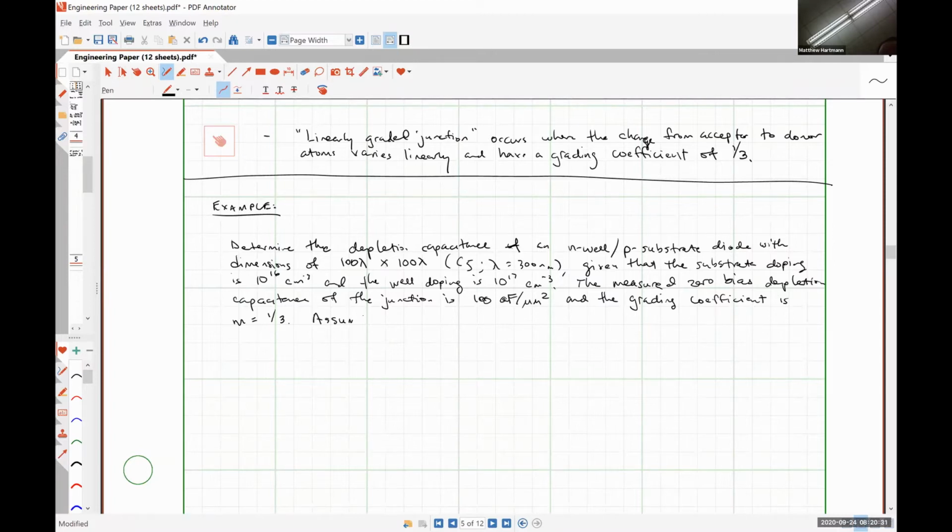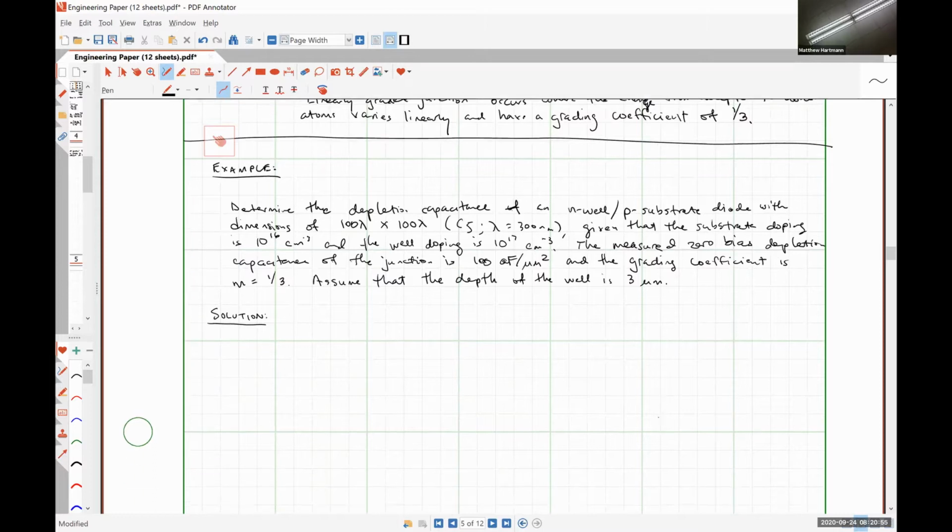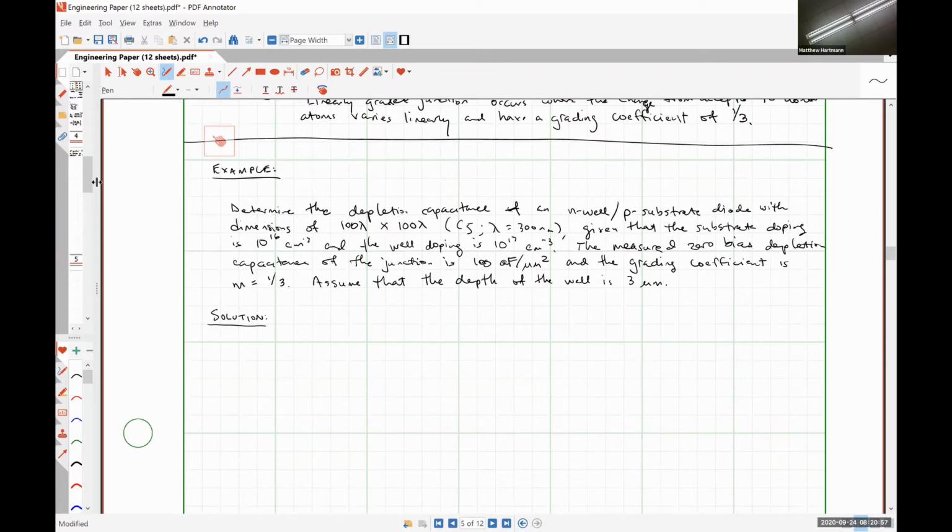Assume that the depth of the well is 3 microns. Okay. So this problem was actually pretty straightforward, but we would need to recognize one very important thing, okay?